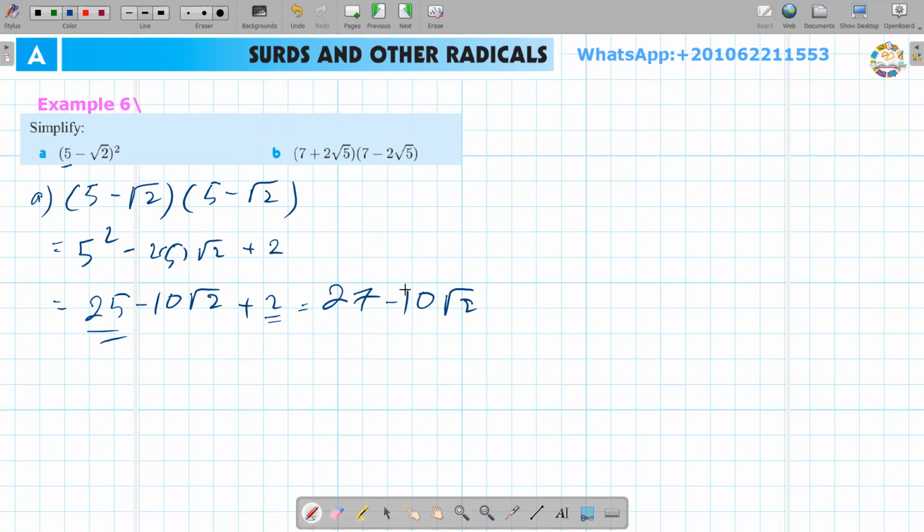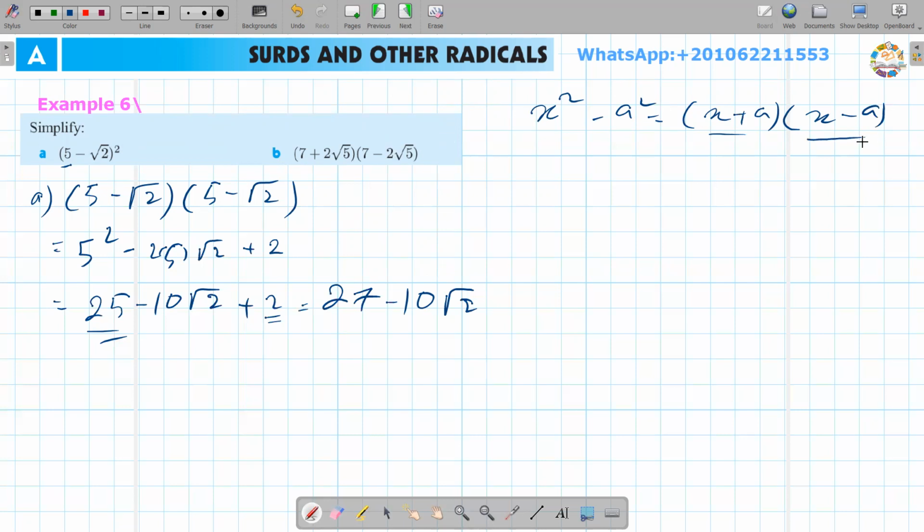What about question B? I'll give you a minute to think about question B. It's similar to question A. But here, if you remember the difference between two squares, x squared minus a squared becomes x plus a by x minus a.